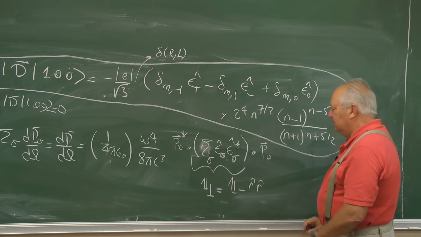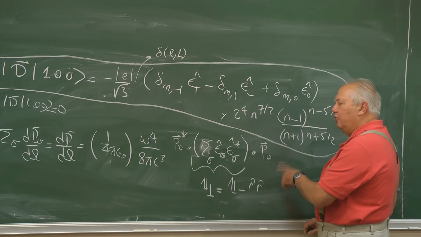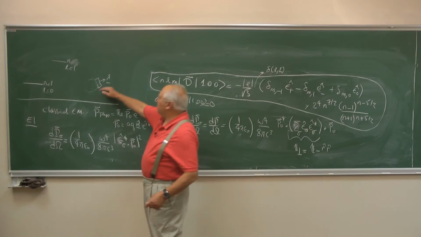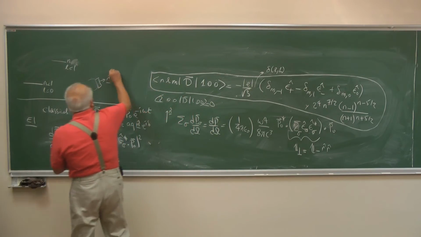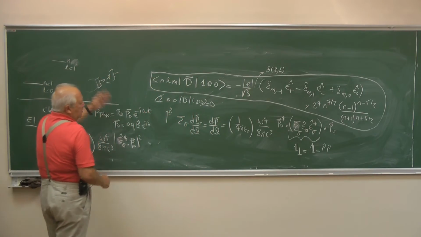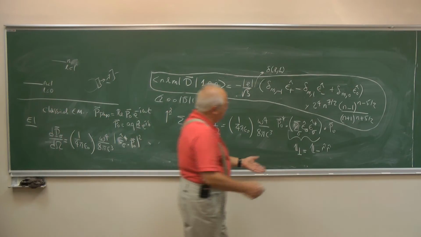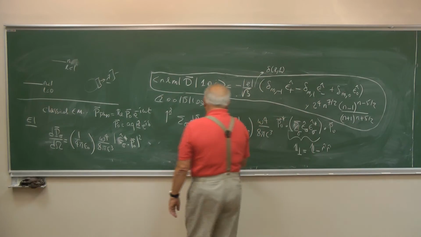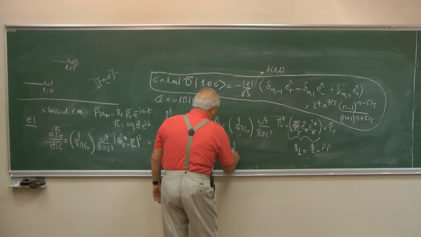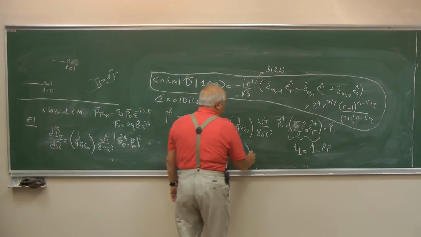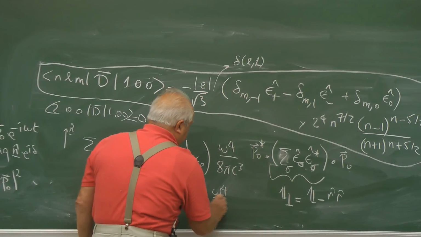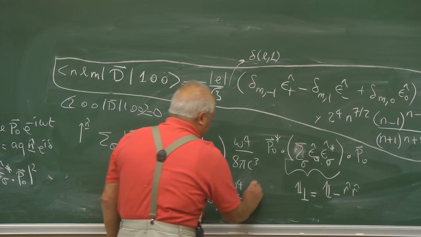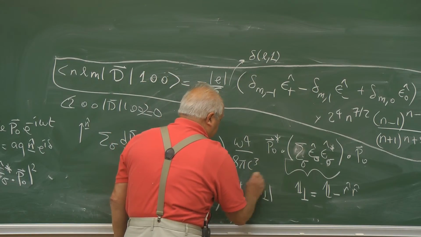Namely, it is the perpendicular component of P0 counts, perpendicular to R. Of course, you can change your detector, and R, which depends on the angles, will change. So the result is that this thing is equal to 1 over 4 pi epsilon 0 omega 4 over 8 pi c cubed times P0 perpendicular square.